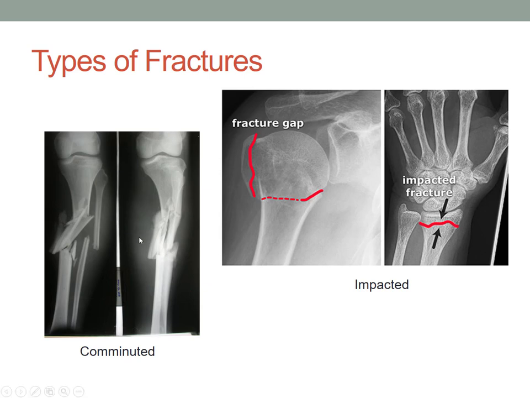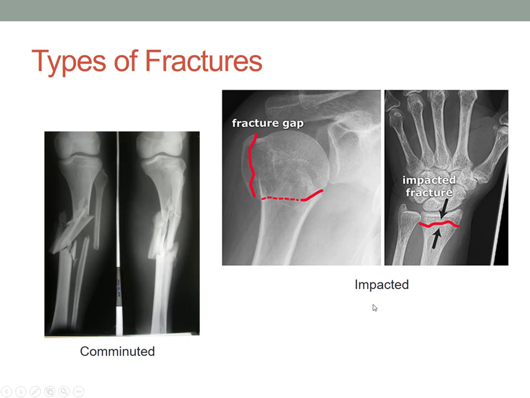As you can see, there are two different views here. You see a variety of fractures and a variety of bone fragments through here. So this is going to be a very serious type of fracture, very painful and very difficult to actually fix.